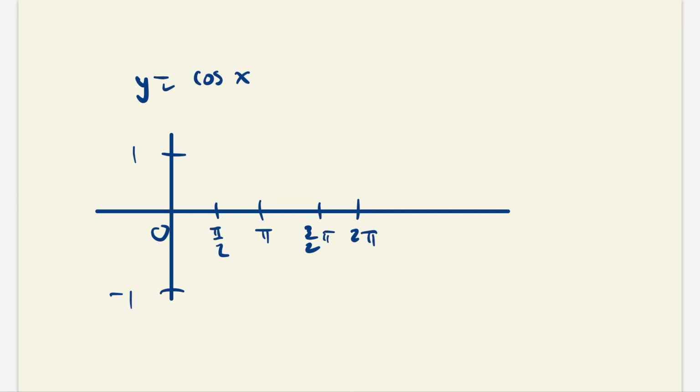When x is 0, cosine of 0 is 1. Cosine of pi over 2 is 0. If you look at your unit circle, cosine of pi is -1. So it would be down here. And then at 3/2 pi, it's 0. And then at 2 pi, it's 1 again. So it's going to look like this.